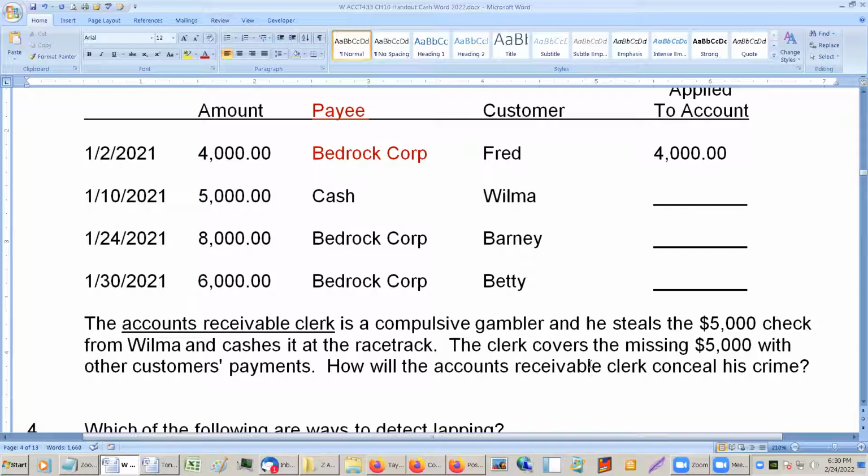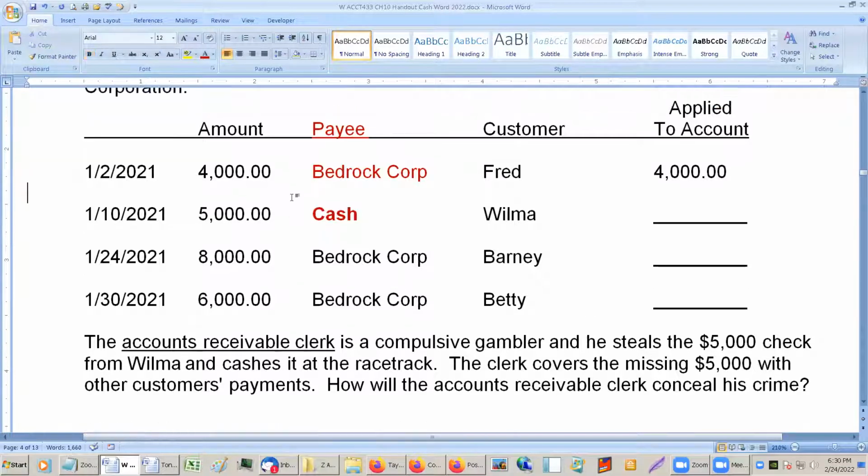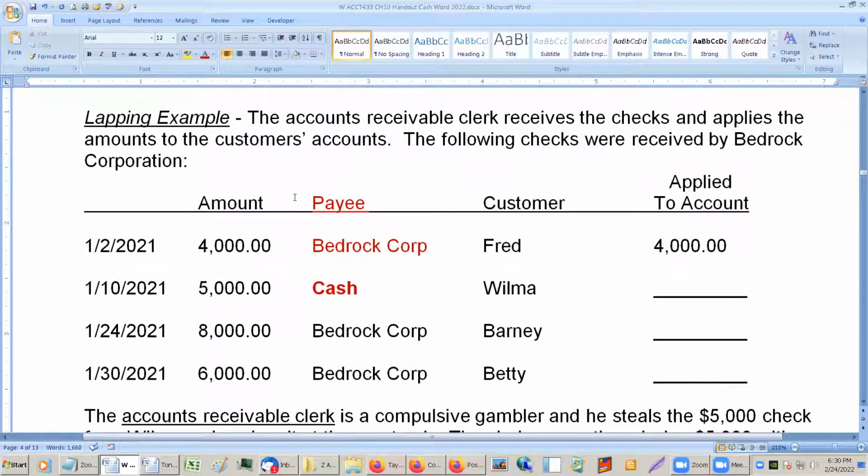The clerk covers it with the other customers' payments. So they take the $5,000 check.